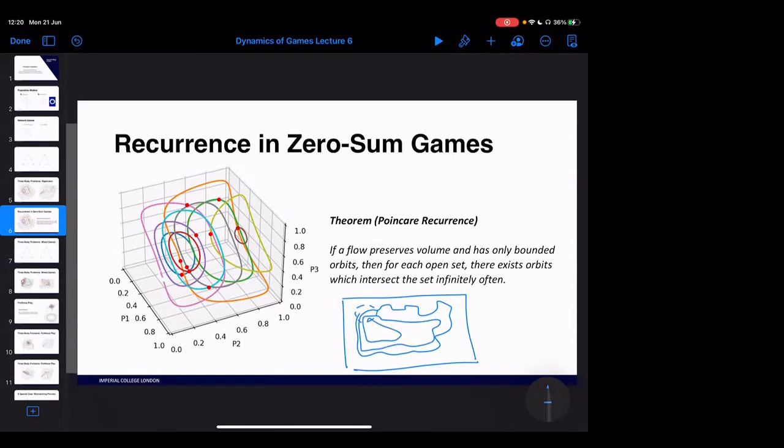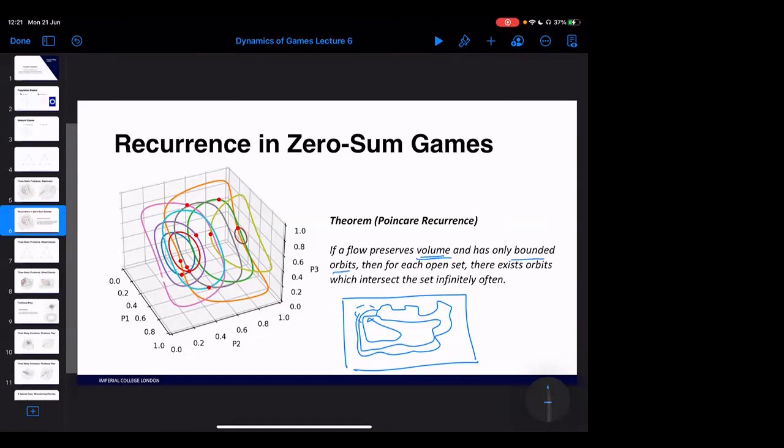So what that tells us is that we can take our initial conditions and the trajectory of replicator, or the dynamical system that we're looking at in particular, if it's recurrent, that means that we're going to keep coming back to the initial condition or arbitrarily close to that, right? And in fact, we can show that this result is positive for replicator as well, because what the authors were able to do is show that it satisfies both conditions that are required: volume preservation and that the orbits are bounded.